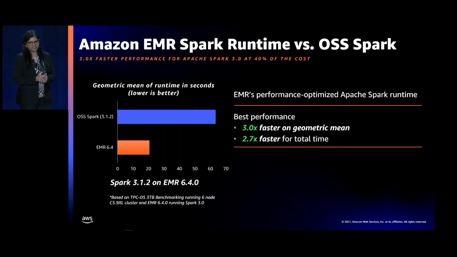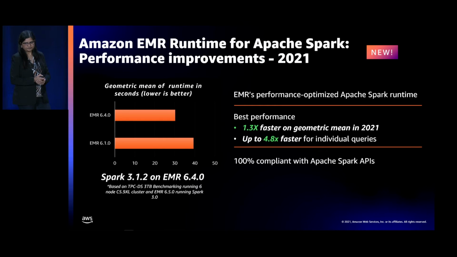What we noticed is we got 3 times faster performance based on the geometric mean that we calculated, as well as 2.7 times faster on the total time of running these queries. And most importantly, the EMR Spark runtime, the optimized runtime that you get out of the box, is 100% API compatible with your open source Spark APIs.